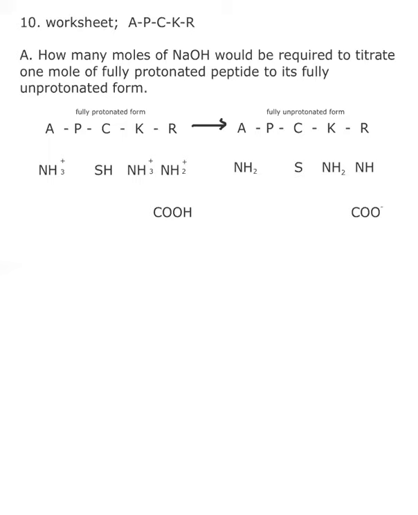For the fully unprotonated form, it will be resolved in the diagram here. It will lose one proton for each group here. So you can see that the total number of protons between the fully protonated form and the fully unprotonated form is 5 protons.